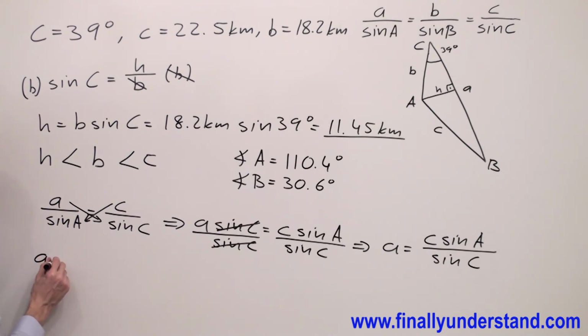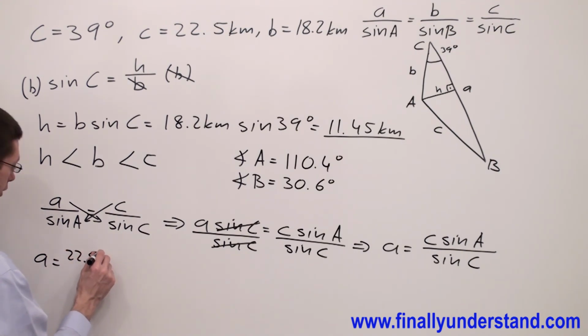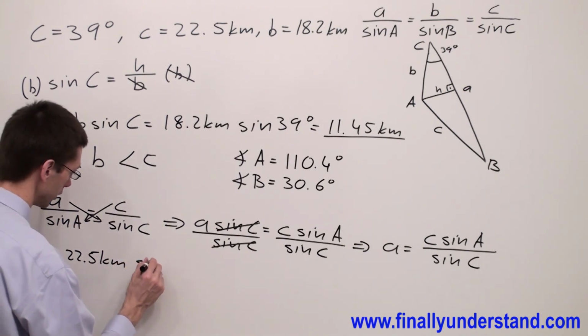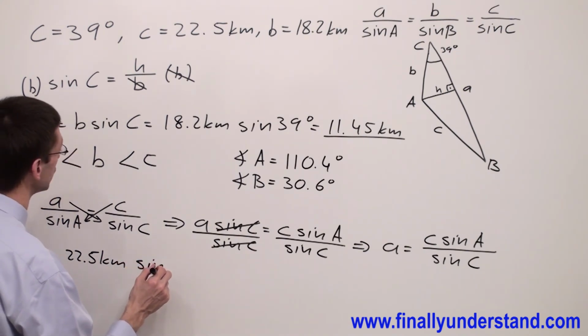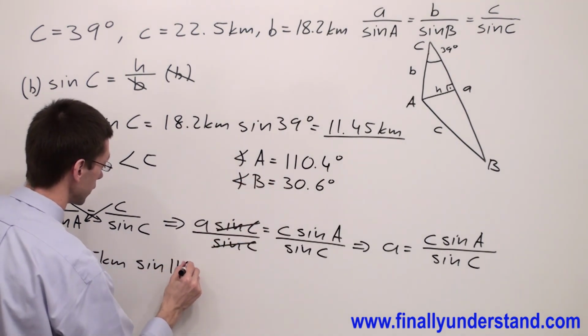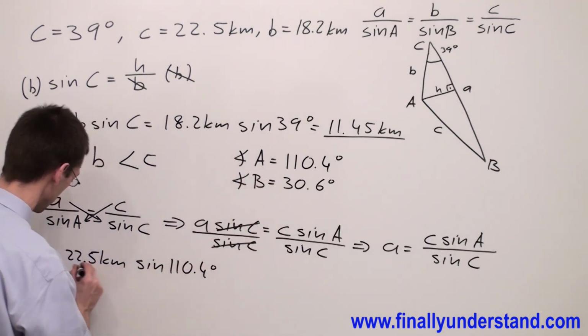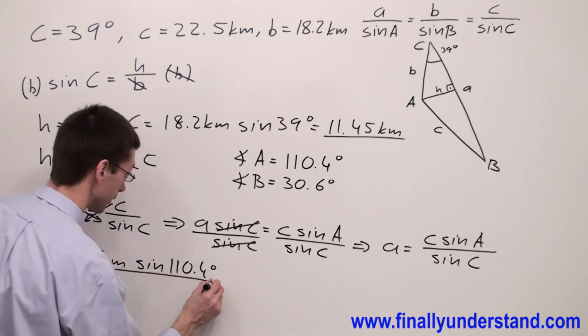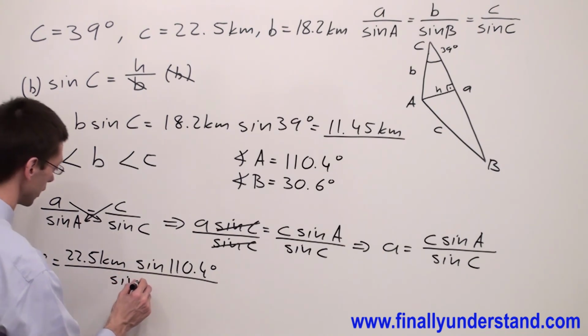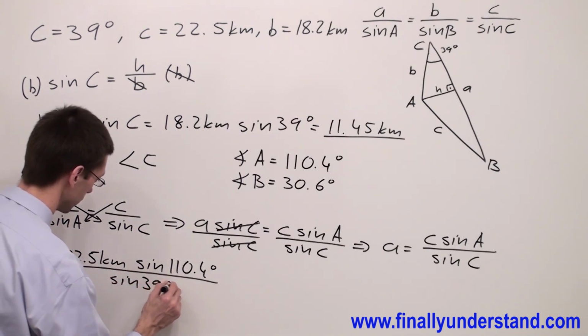So A is equal to side C, 22.5 kilometers, times sine of angle A, which is equal to 110.4 degrees, over sine of angle C, which is equal to 39 degrees.